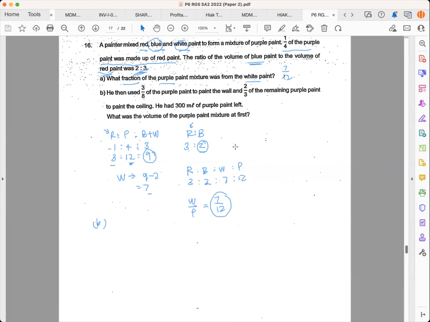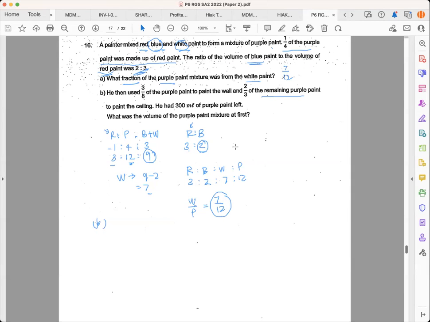He then used 3/8 of the purple paints to paint the wall and 2/3 of the remaining purple paints to paint the ceiling. He had 300 ml of paint left. What was the volume of the purple paint mixture at first? So the key word here is remaining.